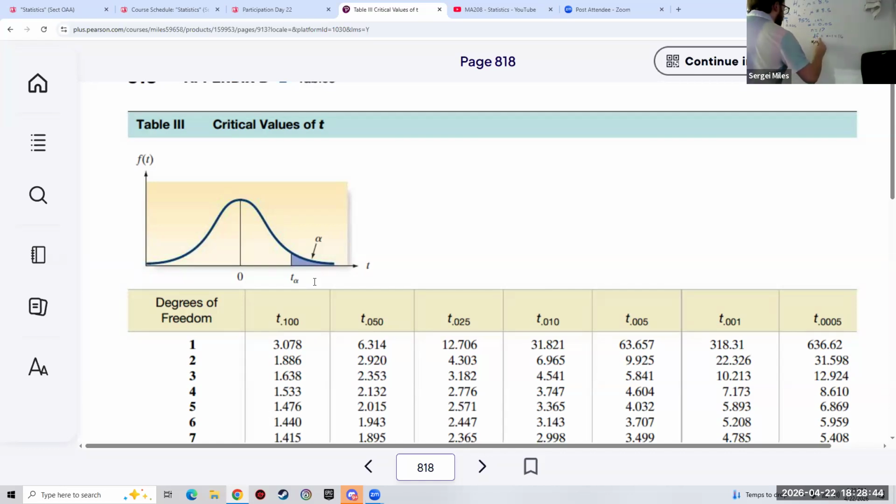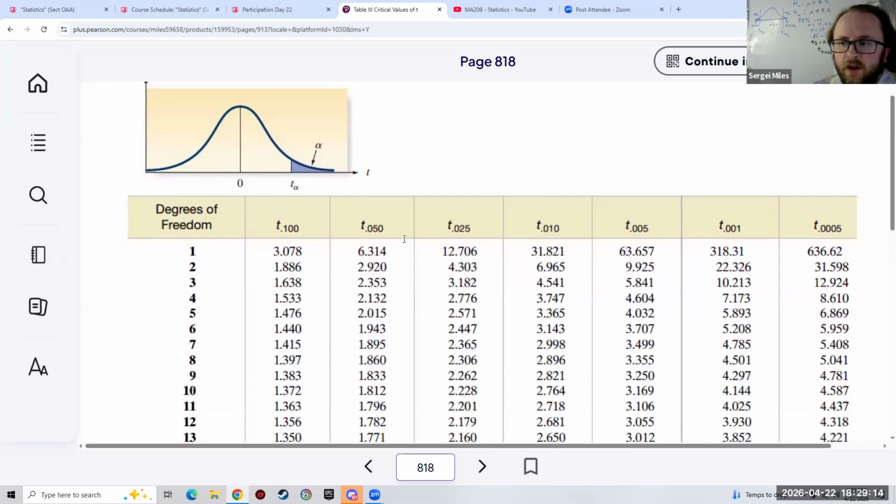So on the board, alpha over 2 is 0.025, and I need to find the t-value which corresponds with that tail, right? I want to find a t-value where this right tail, it says alpha, but forget about that for a moment. We're looking for what would be our alpha over 2. I need this blue region on the right side to be 0.025, right? Half of alpha. So to read this table, I look in the column with the alpha I'm looking for.